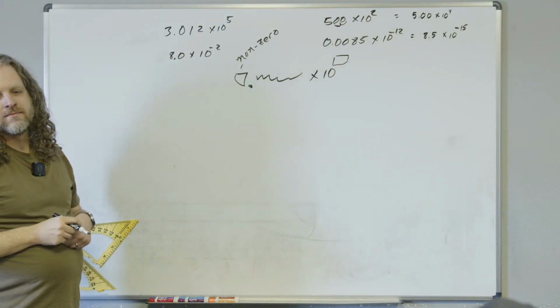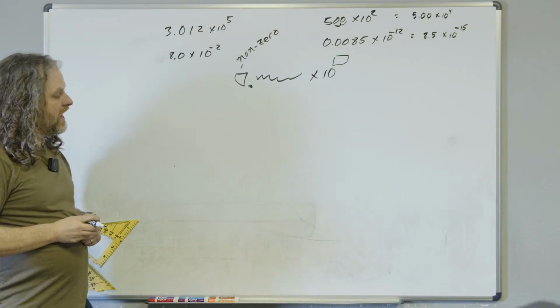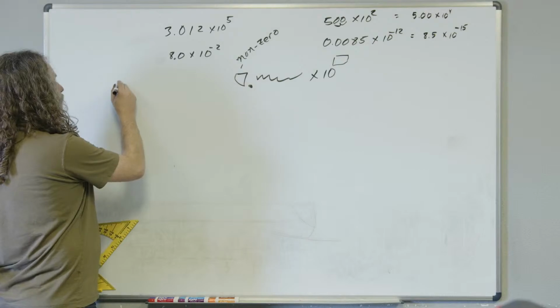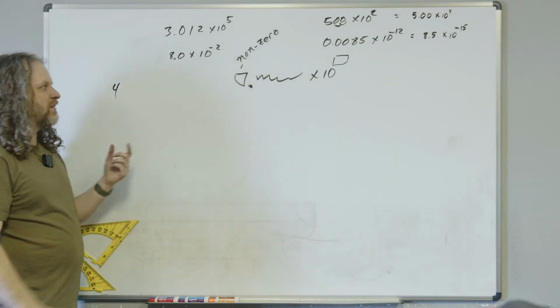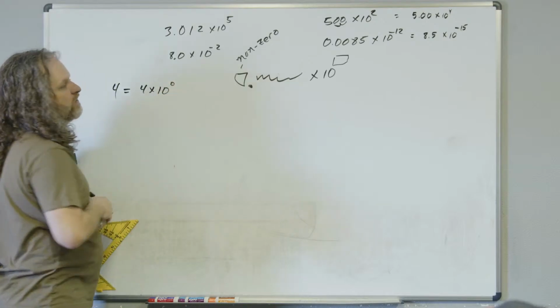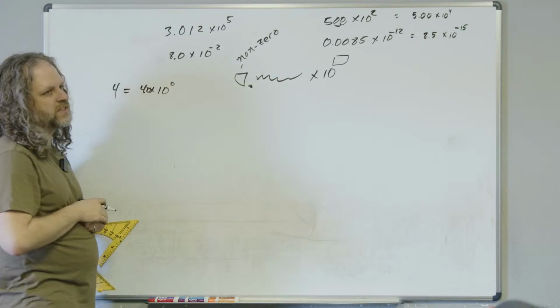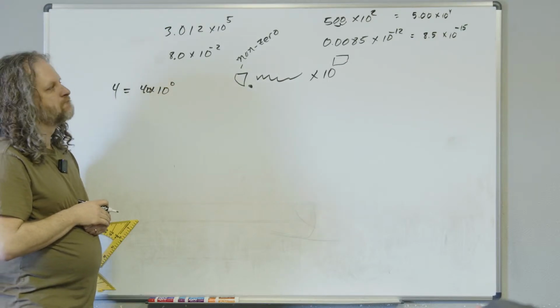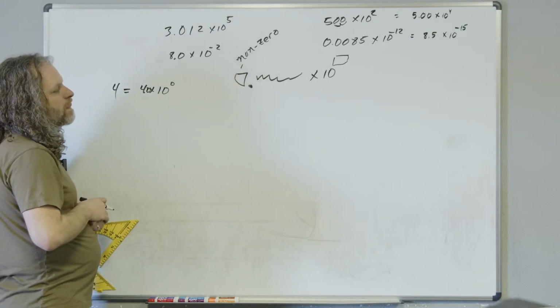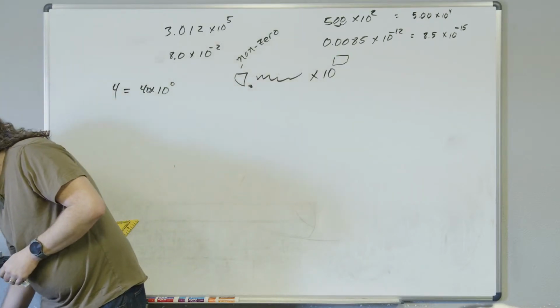If it was not times 10, then it would not be scientific. Even if the number was 4 and we want to write that as scientific notation, it would be 4 times 10 to the 0. It would actually be 4.0 times 10 to the 0. The times 10 to the whatever is scientific notation.